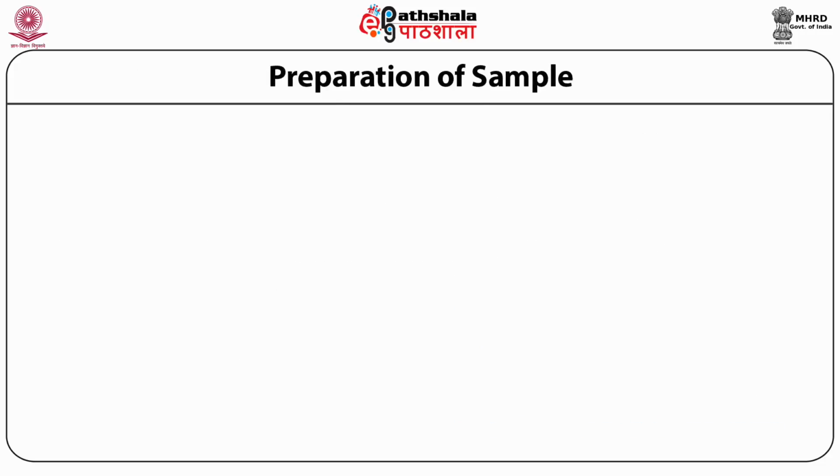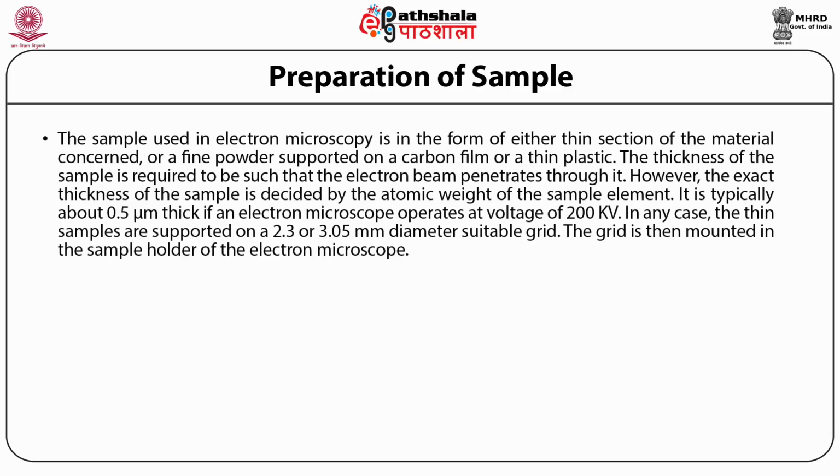Now we shall talk about the preparation of sample. The sample used in electron microscopy is in the form of either a thin section of the material concerned or a fine powder supported on a carbon film or a thin plastic.